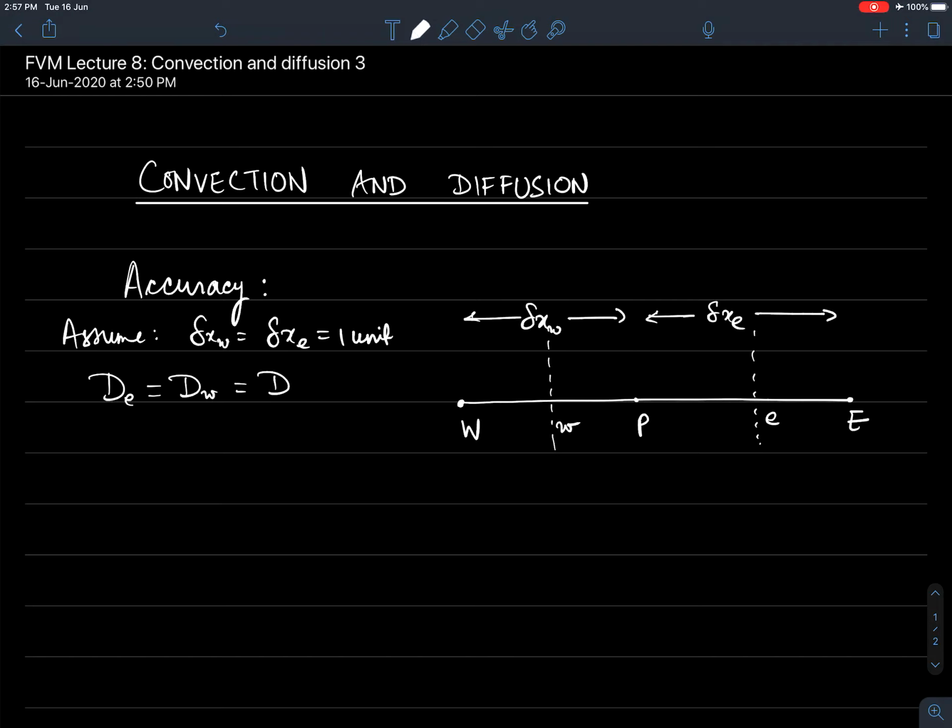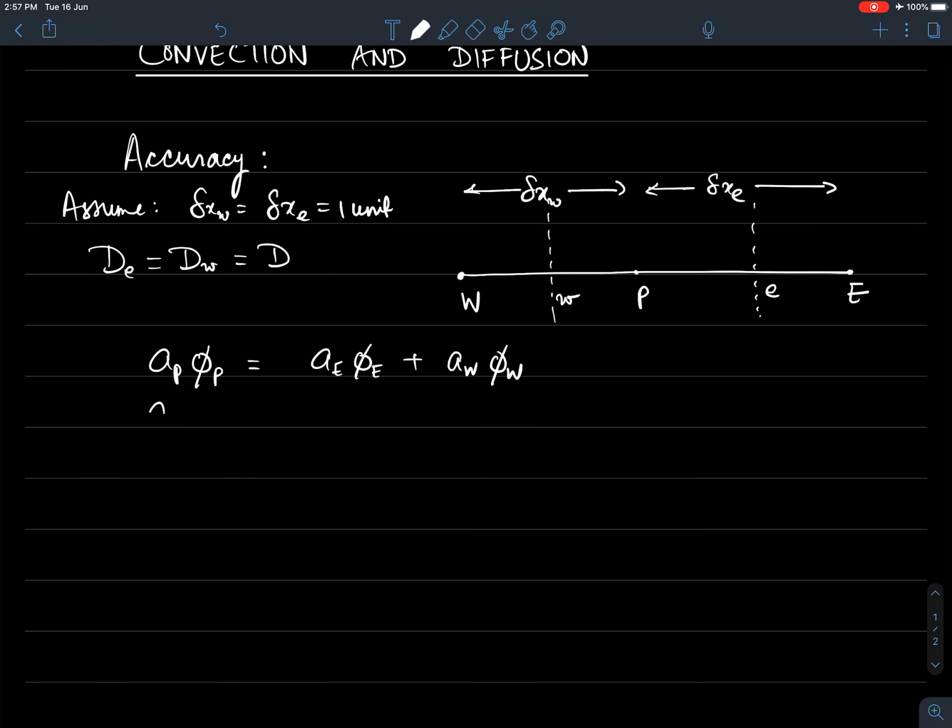So for this problem we know that we can write the values of the variable phi using AP phi P equals AE phi E plus AW phi W, where AE we've been writing as DE into A mod of PE plus max of 0 comma minus FE.